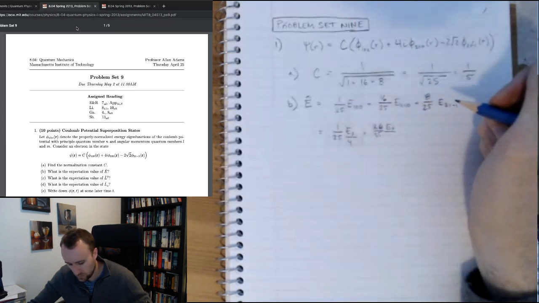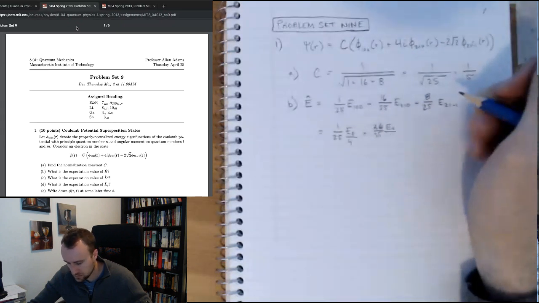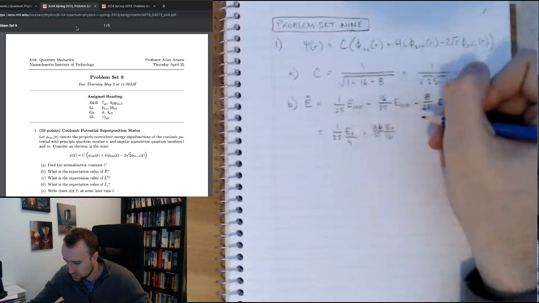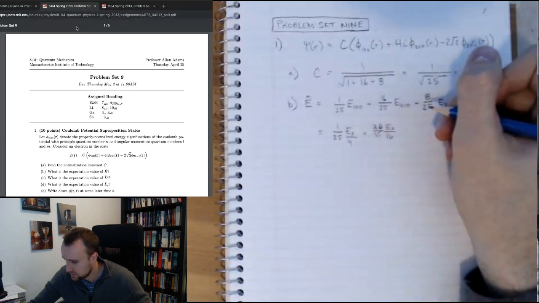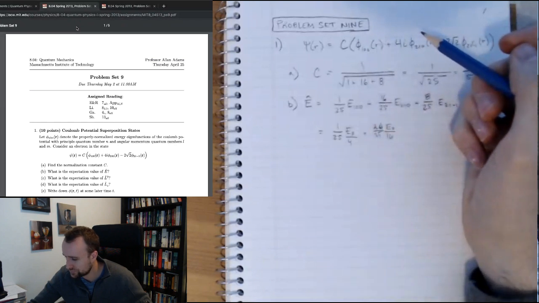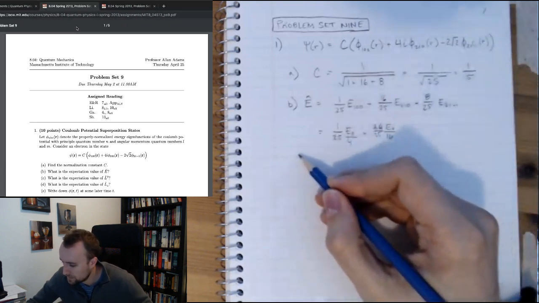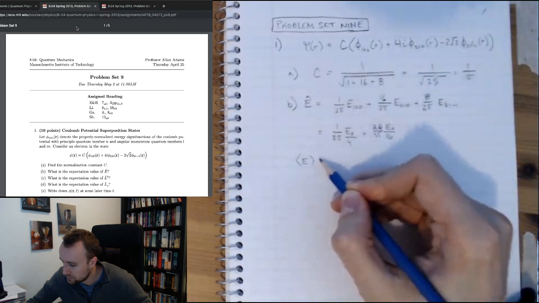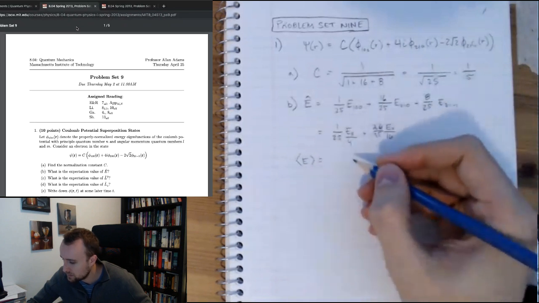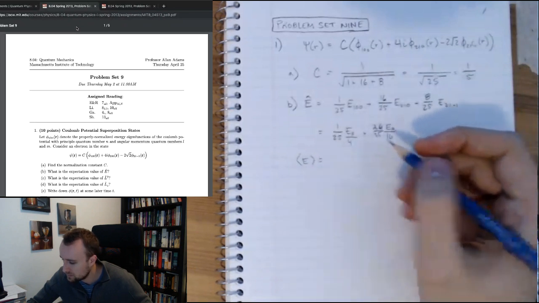2 squared is 4. 16. So the expectation value of E is, yeah, it's this.